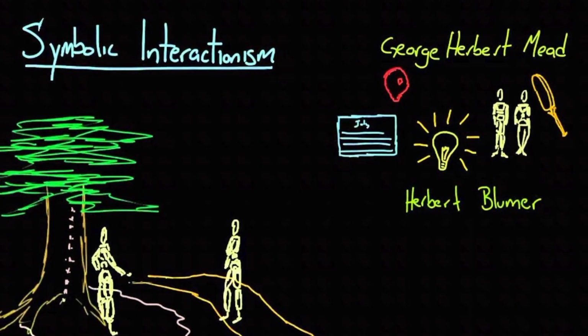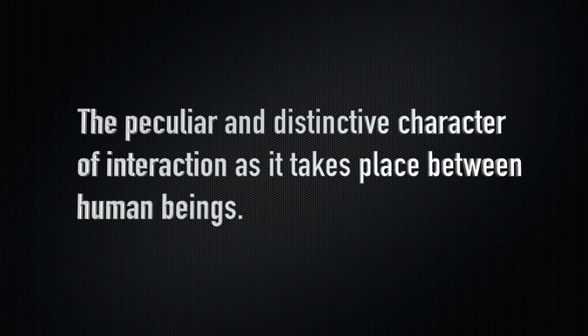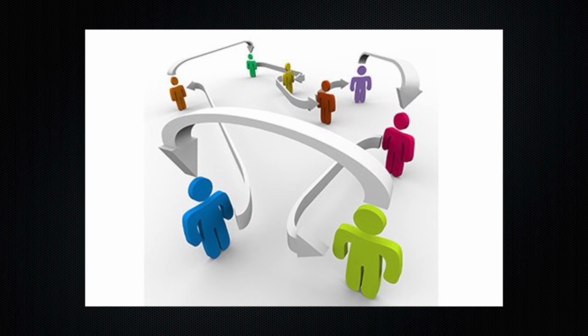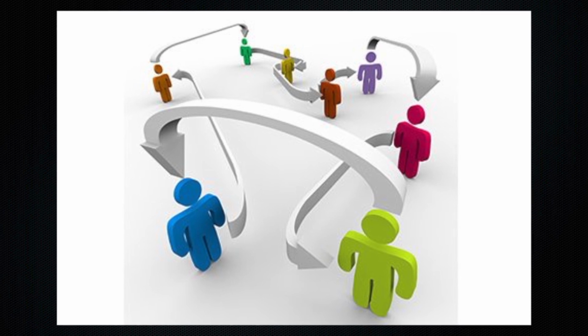The term symbolic interaction refers, of course, to the peculiar and distinctive character of interaction as it takes place between human beings. The peculiarity consists in the fact that human beings interpret or define each other's actions instead of merely reacting to each other's actions. Their response is not made directly to the actions of one another, but instead is based on the meaning which they attach to such actions.